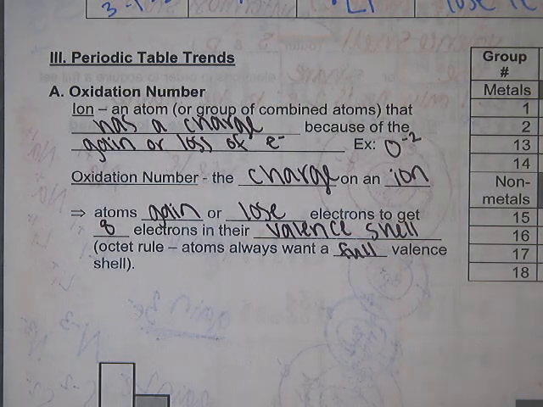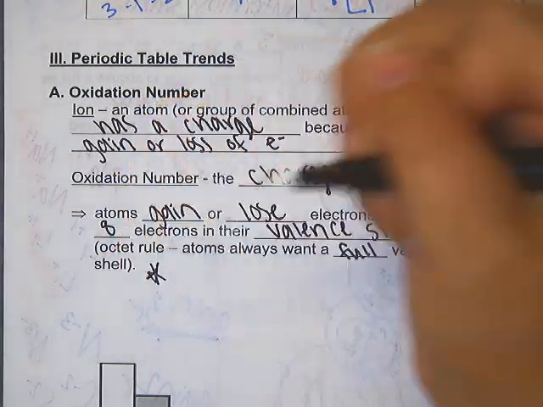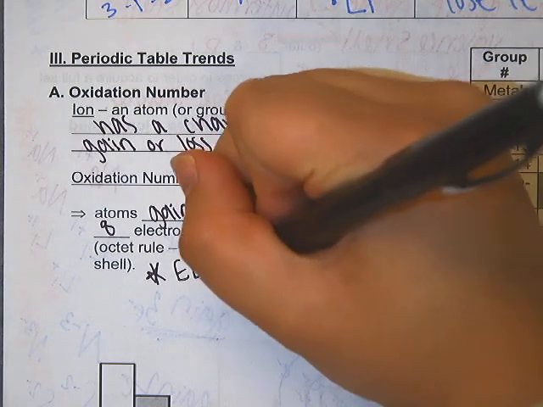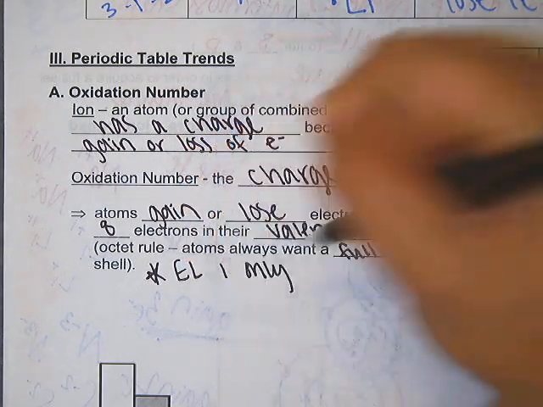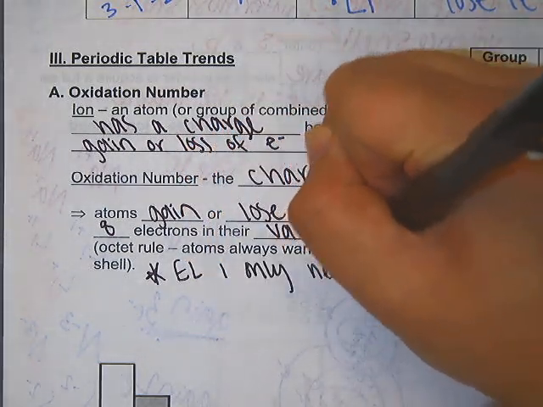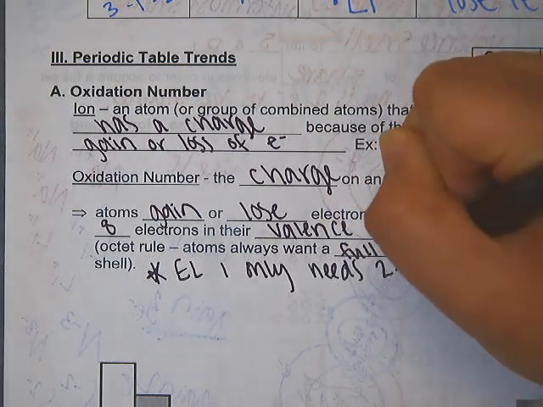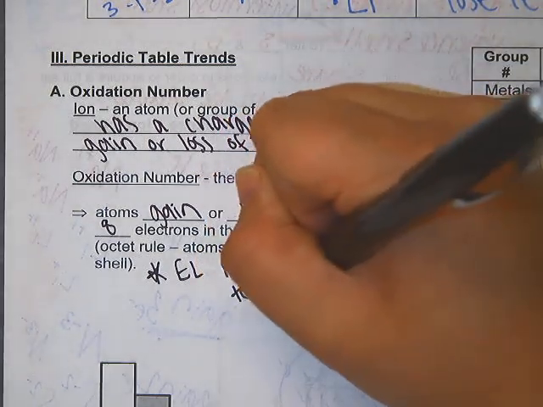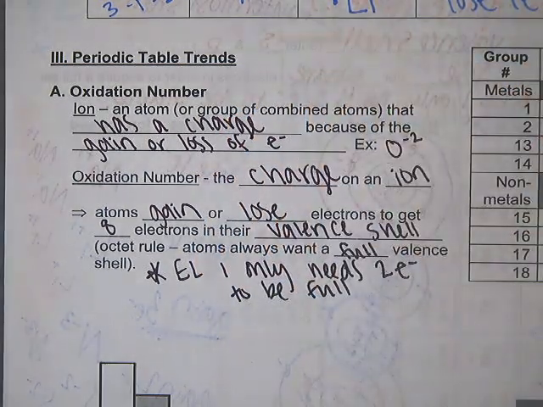And then the exception to this is if it's stable in energy level 1, that means that it only has 2 electrons, because energy level 1 only has the S sublevel, so that's maximum 2 electrons. We wrote that on the front page, but I'm going to put it here again. Energy level 1 only needs 2 electrons to be full.